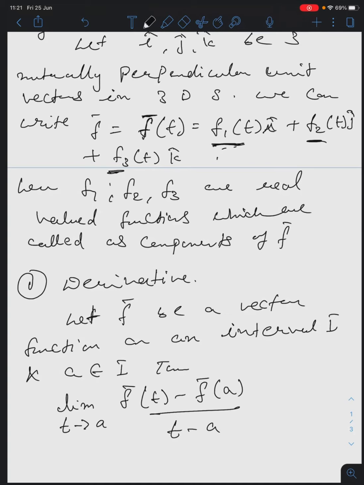Yes, ma'am. The definition won't change, only the function is changing. Here the function is a vector valued function.